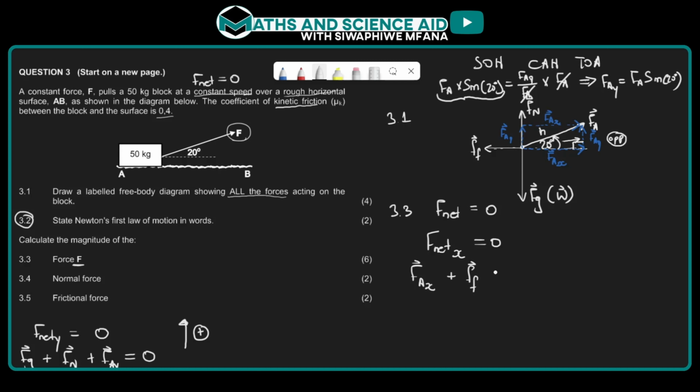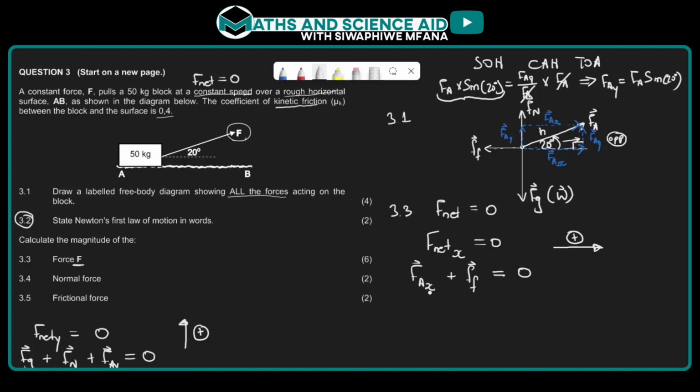And the sum of these two forces should be equal to 0 as well. And even here now, we need to choose a positive direction. And so let's take to the right as our positive direction, because we are now looking into the horizontal direction.